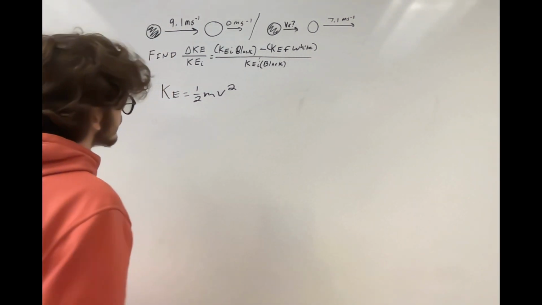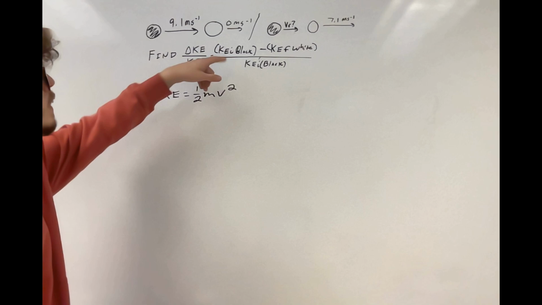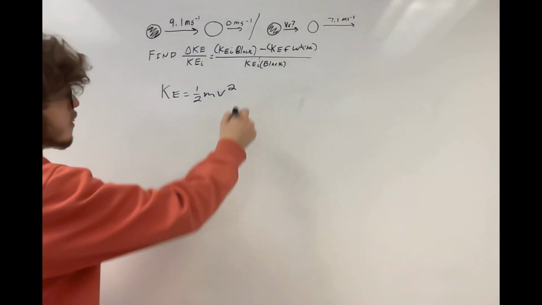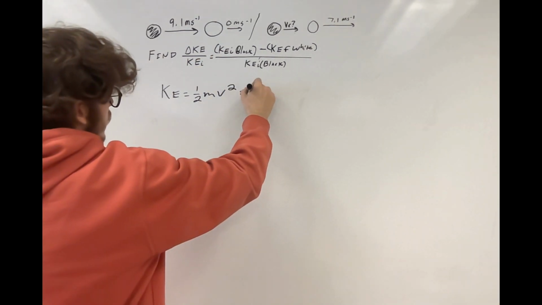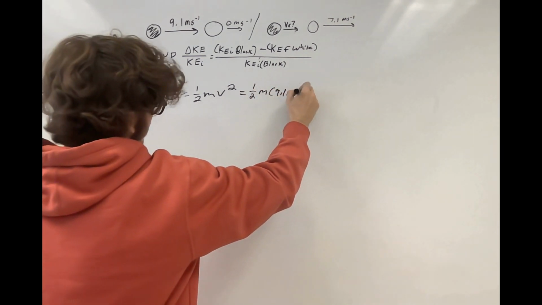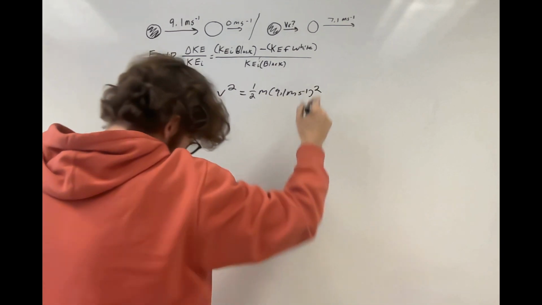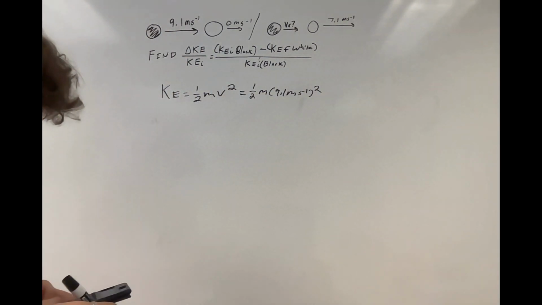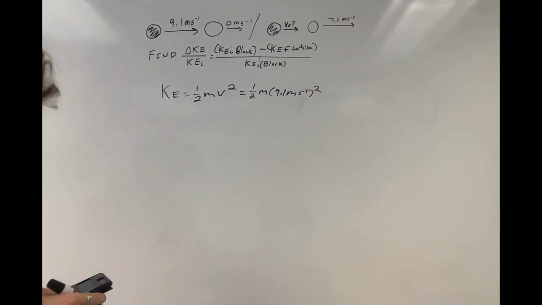It's a ratio. So the kinetic energy, let's find the initial kinetic energy of the black ball. That's going to be 1/2 mass, velocity is 9.1 meters a second. Square that value, and we get that initial kinetic energy.